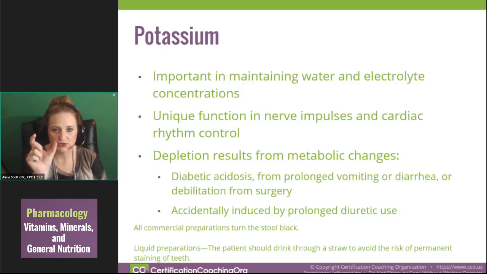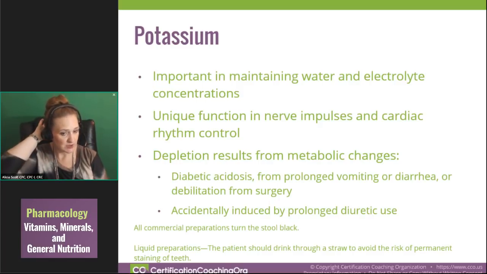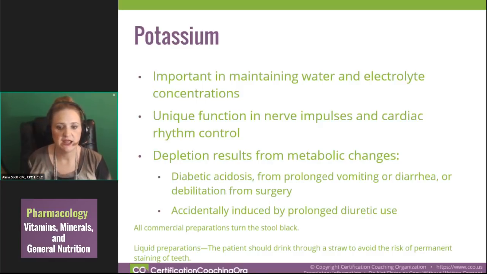Iron turns your stools black, and constipation is also very common when a person has to be put on a supplement. If you have to do a liquid iron supplement, you should definitely use a straw, because it will stain your teeth, right? It's like metal. It is a metal, right?